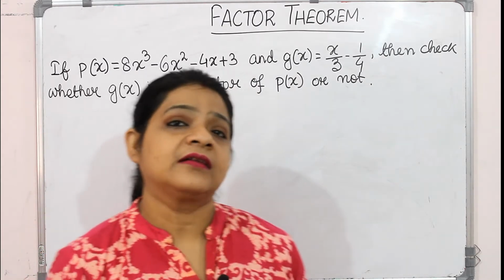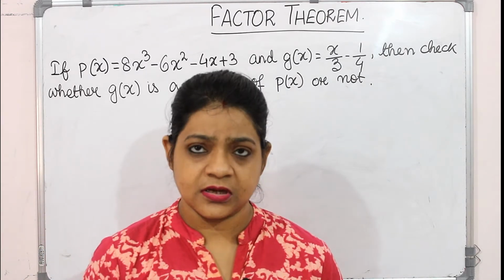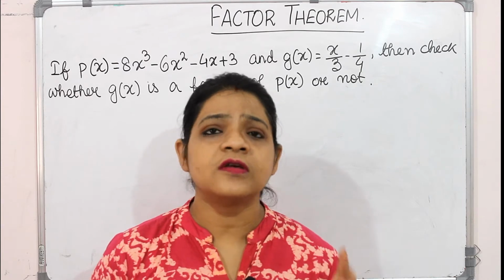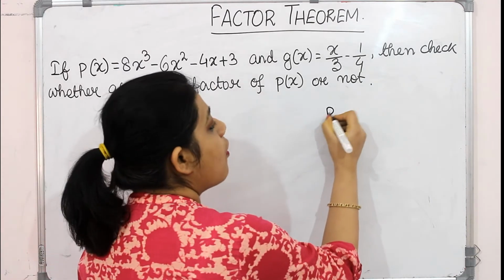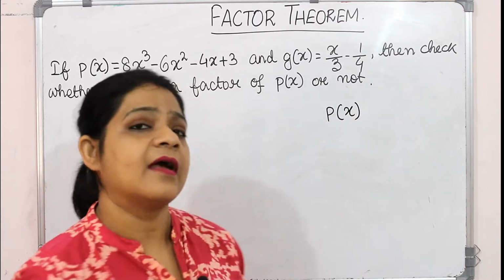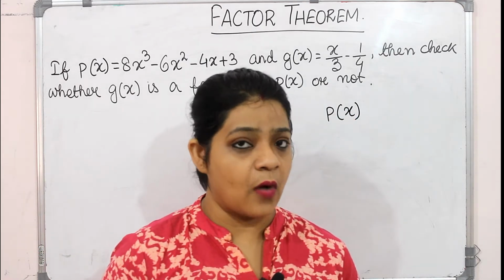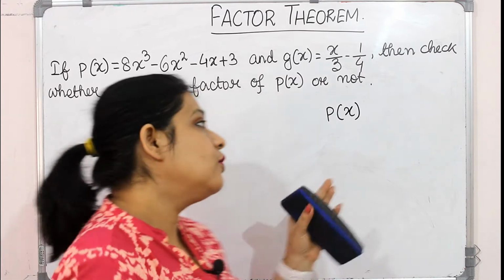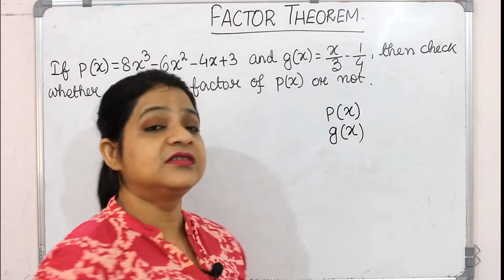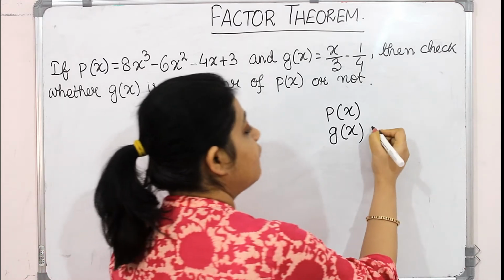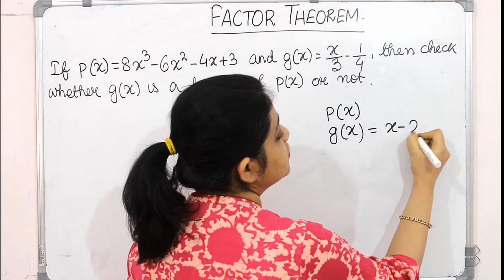So what is the factor theorem basically about? Suppose a polynomial p(x) is given to you. The degree of the polynomial p(x) may be anything greater than 1. And you are given another polynomial, g(x), of the form x minus 2.